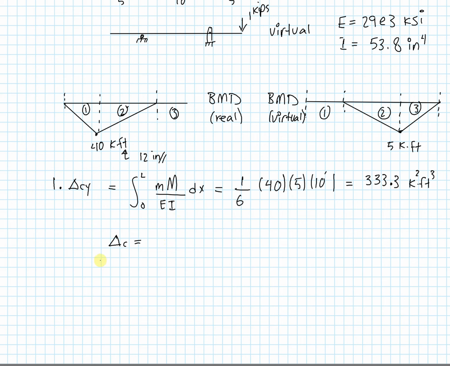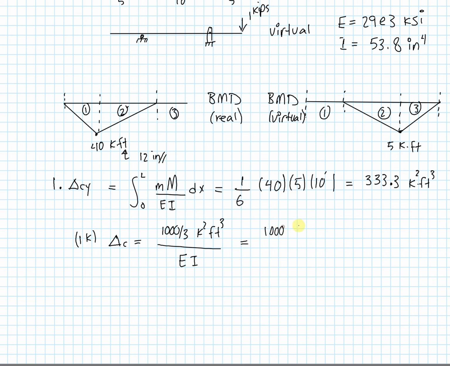Okay, so what we have is the 333.3. I'm going to refer to it as 1,000 divided by 3. The virtual force we applied here was 1 kip, and we need to apply the properties EI. When we do that and the unit conversions, we end up with the following.